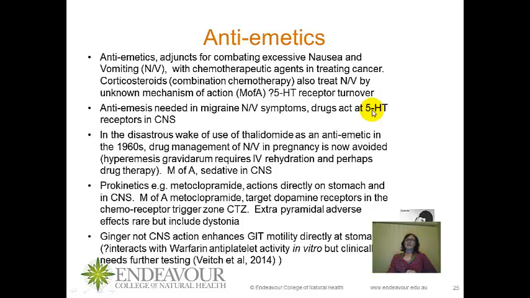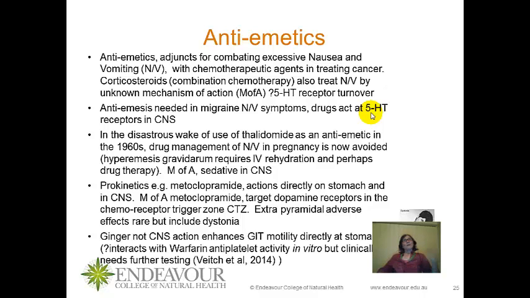For migraine antiemesis we've seen that we use drugs that act at 5-hydroxytryptamine receptors. There were two parts to a migraine. There was vasoconstriction, when the person experiences an aura, and then at the time of the incredibly thumping headache, that was a vasodilation and a vascular spasming at that point where you want to block the vasodilation.